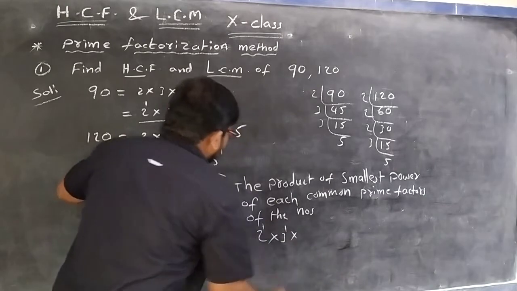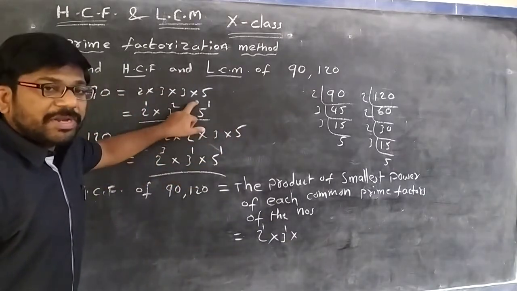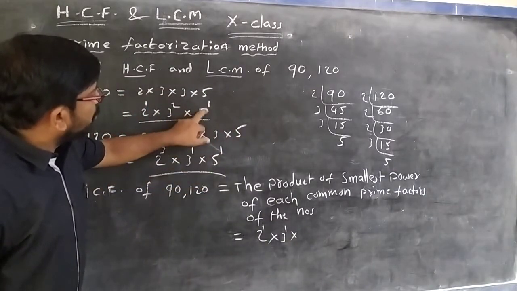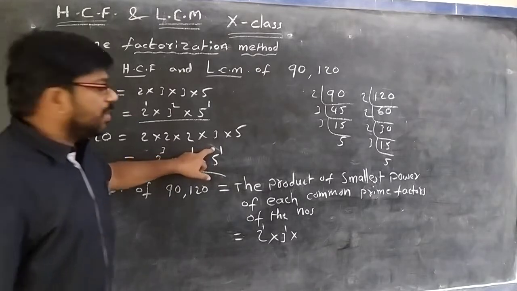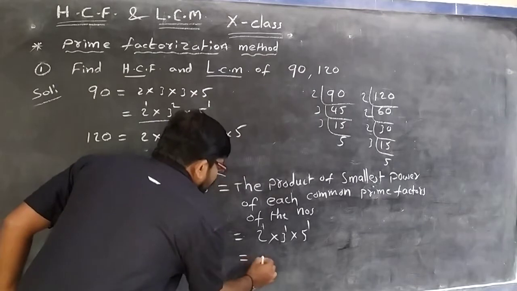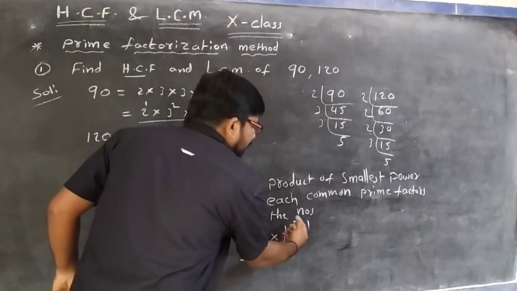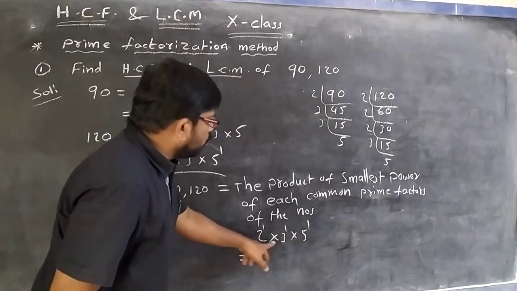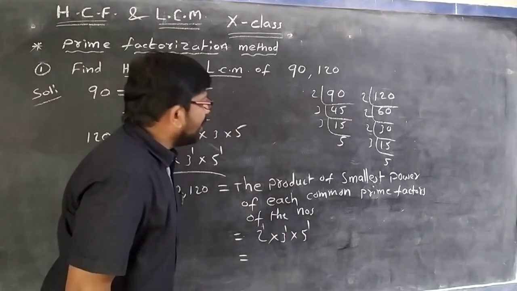Next, 5 is common, and the smallest power is the same in both, so write 5 power 1. That is equal to 2 into 3 into 5. 2 threes are 6, 6 fives are 30.